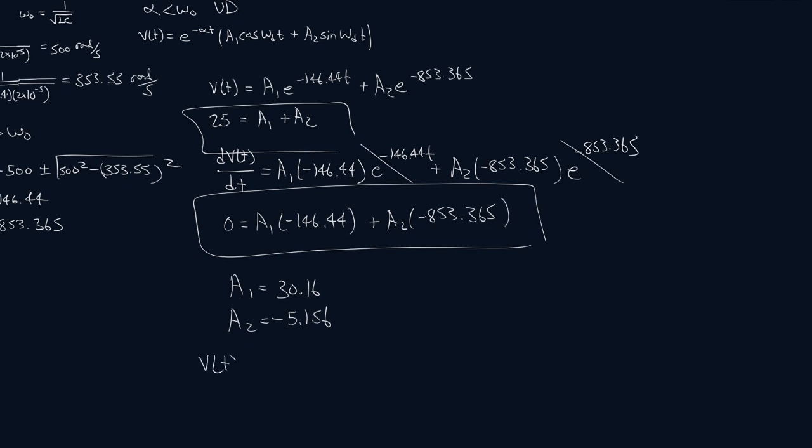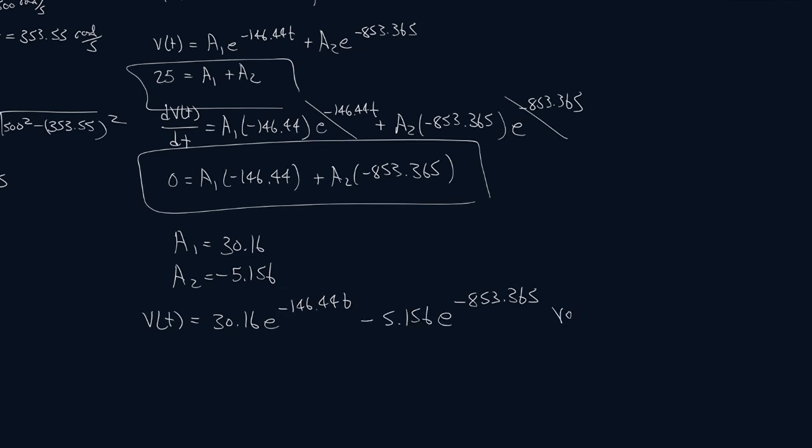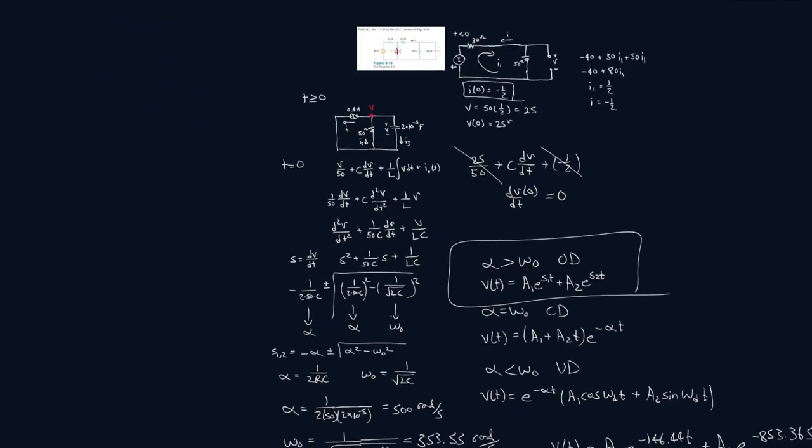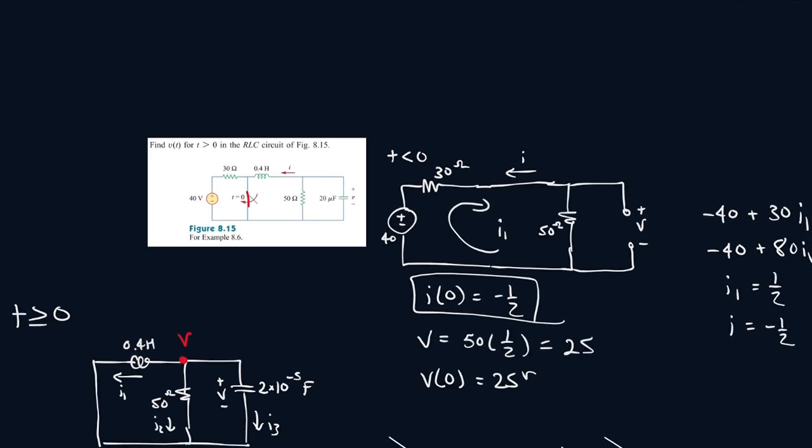So v(t) is equal to 30.16 e to the power of minus 146.44 t plus minus 5.156 e to the power of minus 853.365 t, and this is in volts. Okay, and this is your formula to find the voltage across this capacitor.